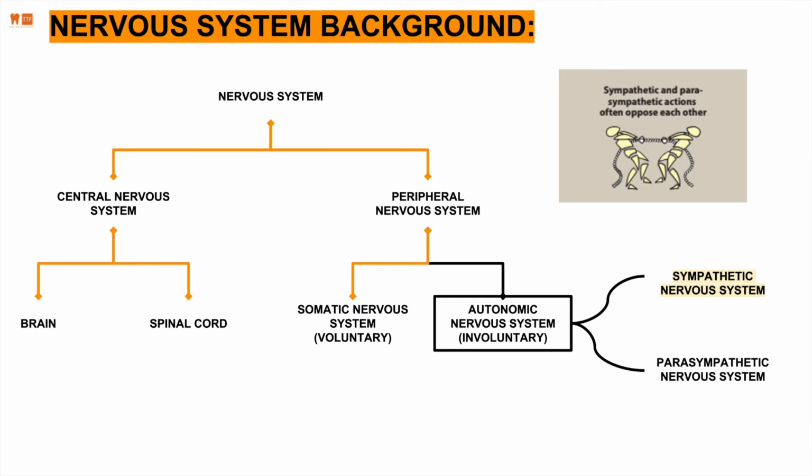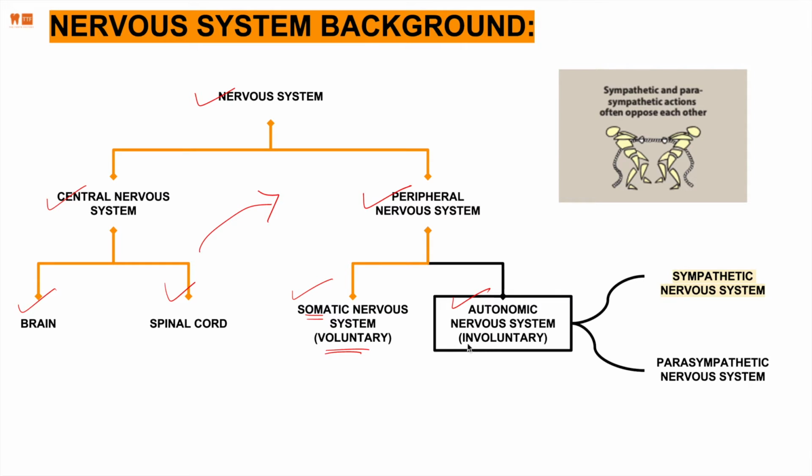So just a little revision from the previous lecture. Our nervous system is divided into the central nervous system and the peripheral. The central, we know it's the brain and spinal cord that controls literally the whole body anyways. But the peripheral nervous system is divided into somatic and autonomic. Somatic, by soma, we know that it means the body, and it's the controlled, voluntary movements such as making a fist.